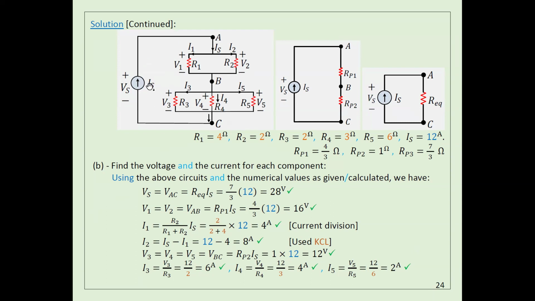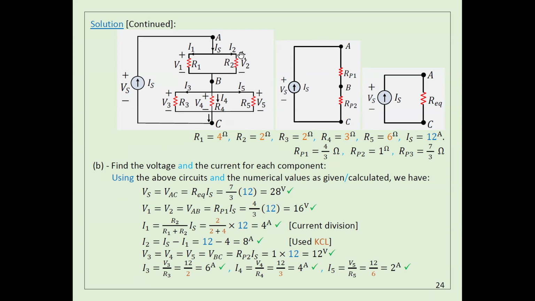So if I multiply IS by this R equivalent here, I can get the voltage drop, which is V1 or V2. If I divide V1 by R1, I'm going to get I1. If I divide V2, which is equal to V1, by R2, I get I2. How can I get this voltage? Simply multiply I by this R, which gives you the voltage. This is one way to calculate.